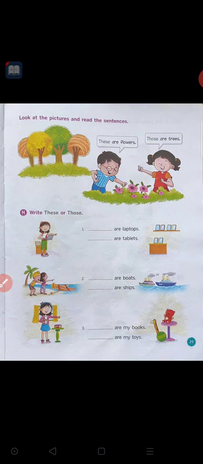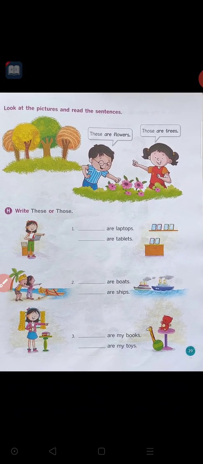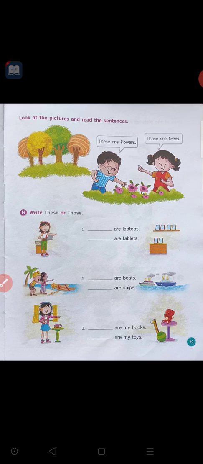If they are nearer to us and it is one, we need to use this, and two or more means these. If anything is very far from us, if it is one, we need to call it that. If they are two or more, we need to call them those.